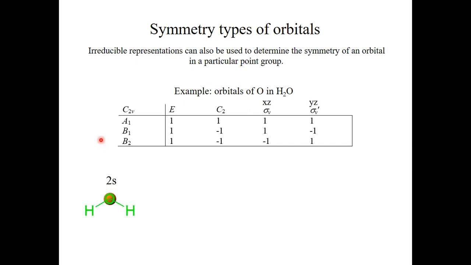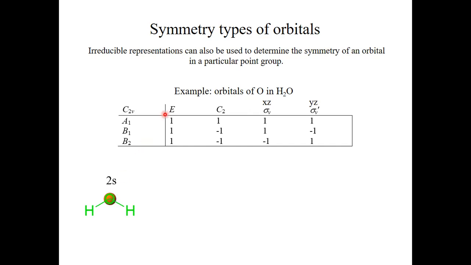We can determine what the symmetry operations do with our 2s orbital. And if the symmetry operations do not do anything with this orbital, then it gets the character 1. And if there is a change in the algebraic sign of the wave function, then it gets a character of -1.